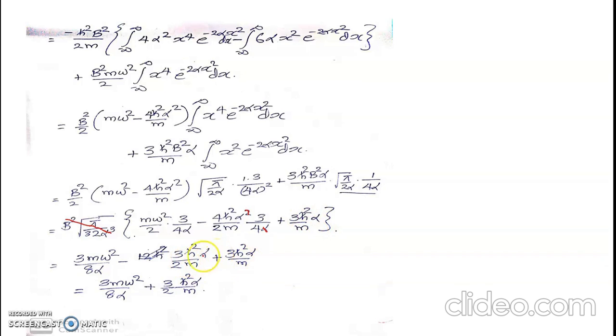Clearly these two terms could be summed up as these have alpha in the numerator. 3mω² by 8 alpha, 3 by 2 ħ² alpha by m with a minus sign, plus 3 ħ² alpha by m. 3 ħ² alpha by m is common. Then 3 ħ² alpha by m into 1 minus half, that is plus half. So this becomes 3 by 2 ħ² alpha divided by m.